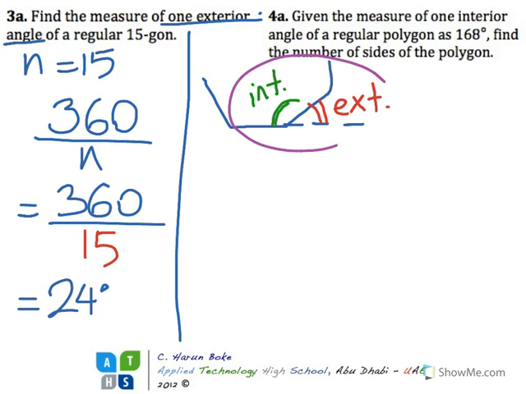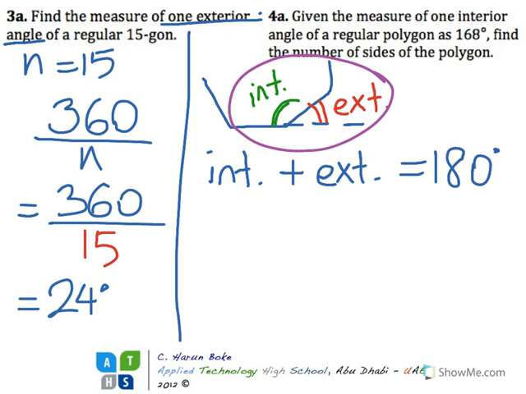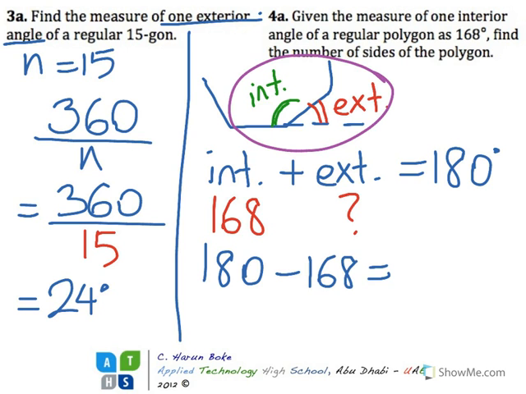Together they make how many degrees? Yes, 180 degrees, because they are supplementary angles. The question says the interior angle is 168 degrees already. So, can we find the measure of the exterior angle? Yes, we can say 180 minus 168, which is 12 degrees. This is the measure of the exterior angle.